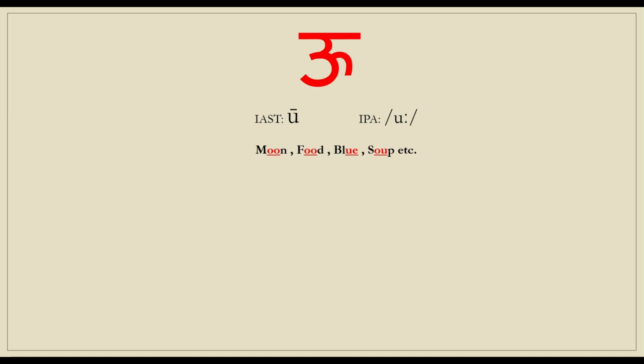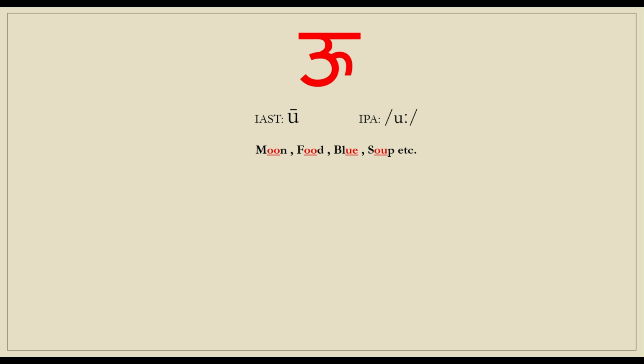Our next vowel is the Dirgha version of the previous vowel, that is ū. In IAST, it is represented by a u having a macron above it, and English examples that can help us to understand this vowel are moon, food, blue, and soup, that u sound.